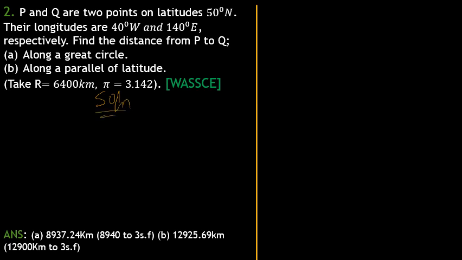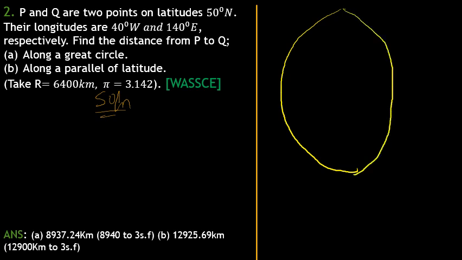Again, don't forget, the first thing to do is to draw our circle. So I'm going to draw, let me make it bigger here. Okay, so this is the circle again, the equator, and then the prime meridian. Okay, here is our north, south, east, and west.